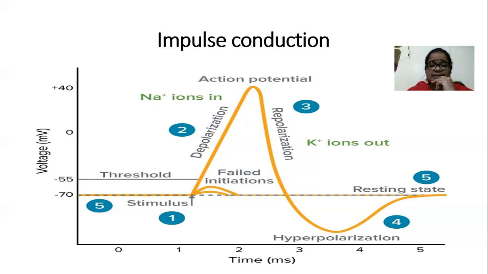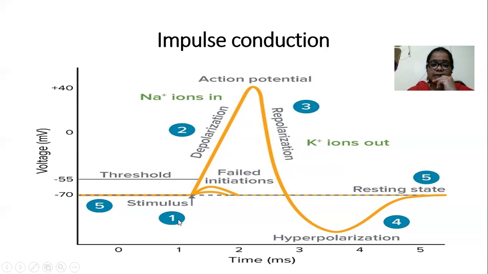So there is a difference in electrical potential between inside and outside of the cell, and that is called membrane potential. Here the resting membrane potential is minus 70 millivolts. The millivolt is a unit of voltage.